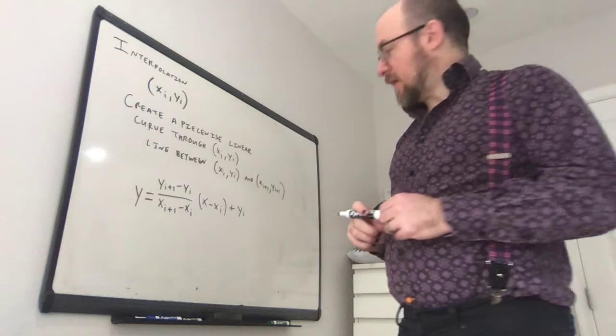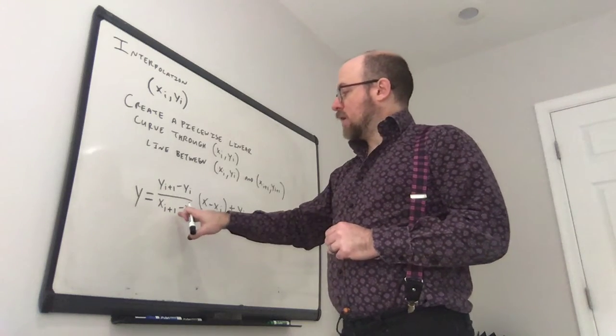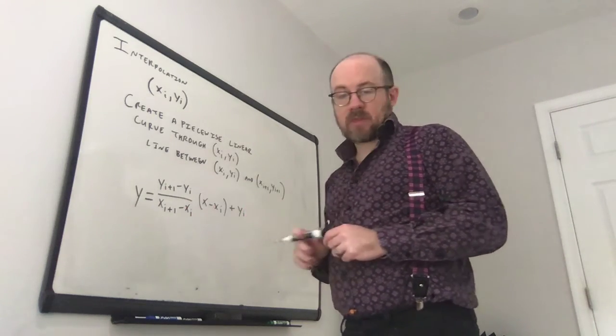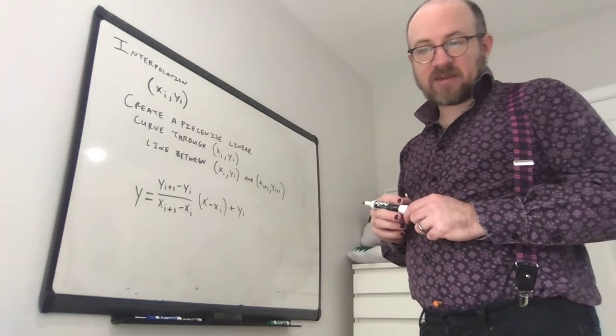So that's the point-slope form of the line. We take the slope and then the point that it's passing through.